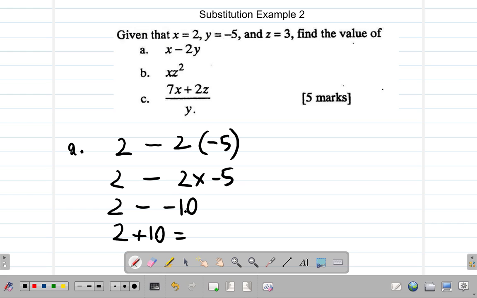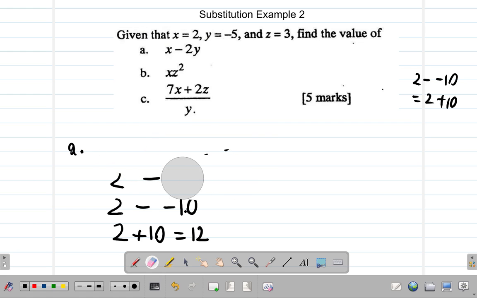And the answer for that is 12. Alright. We're going to discuss a little bit after this the issue with 2 minus -10 being the same as 2 plus 10. But we deal with part B before that.